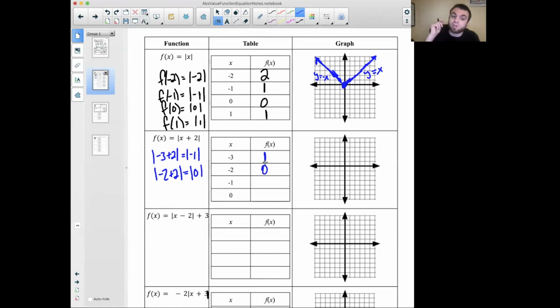So remember, when you have 0 in the bars, that is when you know you're going to have the vertex. Because remember, the vertex means the highest or the lowest, and it's all based on the bars. Remember, absolute value can't be negative because it's distance. But what can absolute value be? It can be a positive number. It can be 0.